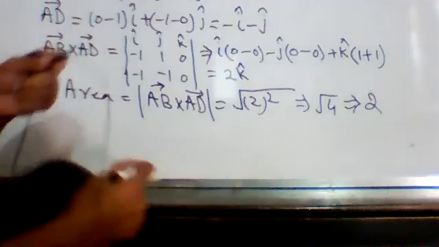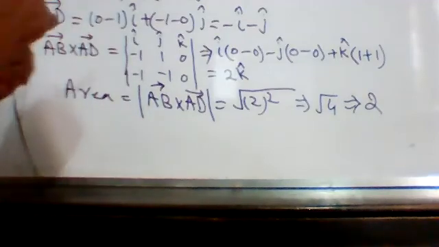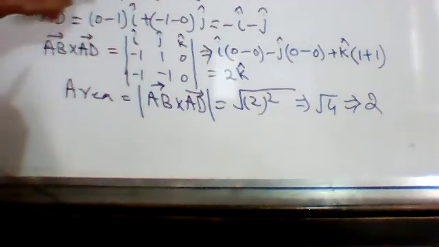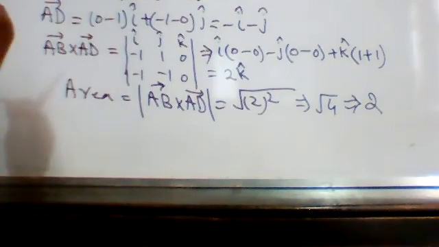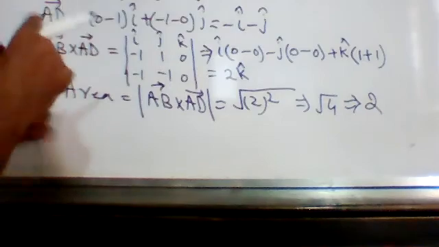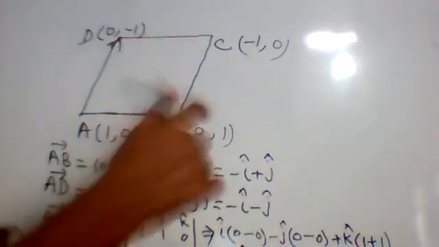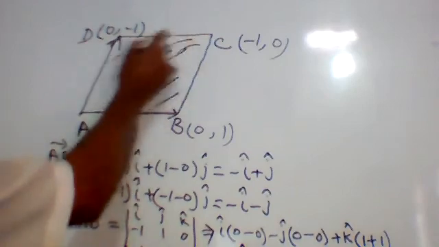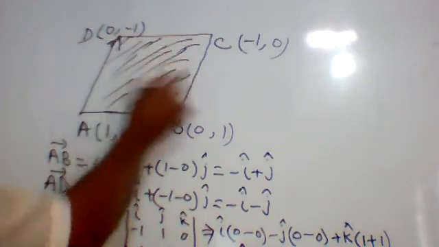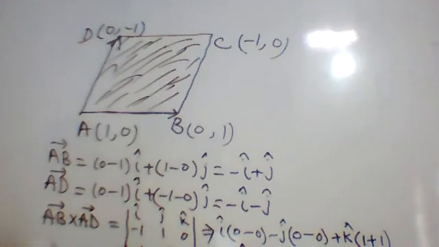The area of the parallelogram with vertices (1, 0), (0, 1), (-1, 0), (0, -1) is 2.